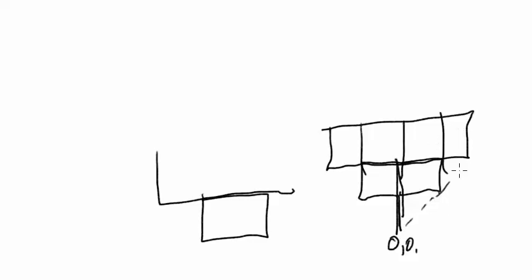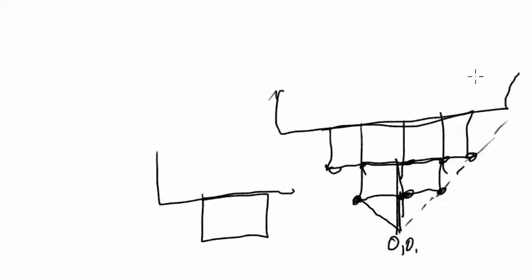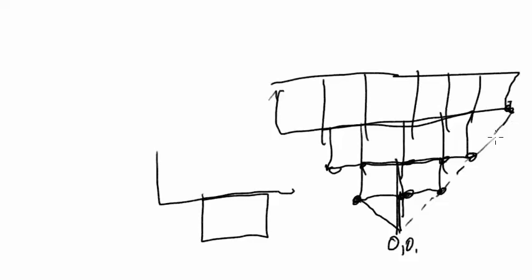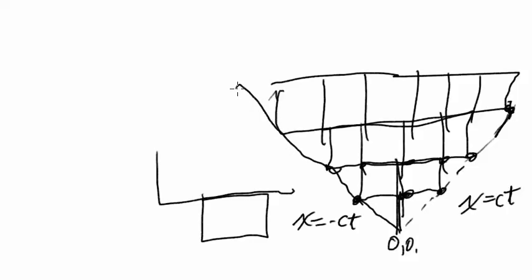Would it make sense to go in a straight line up that way? We'll define 3 points, then 5 points, then 7 points. And the question is whether we want the edges of it to be on x equals ct and x equals negative ct, or if that would cause some kind of errors when we apply the transformation.